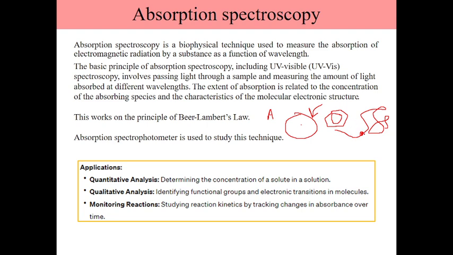So it will now emit light at a different wavelength, and it will have a different absorbance. This is actually a part of fluorescence spectroscopy, which we will be studying soon. And here, let's say the absorbance is going to be A naught. So this is how we can distinguish between the structures of different molecules when we are subjecting them to different environmental conditions based on the different kind of wavelength it either absorbs or emits.